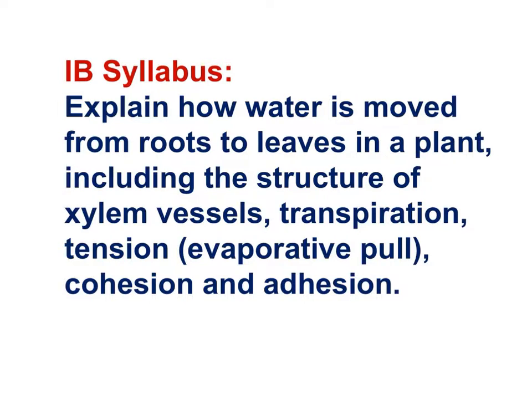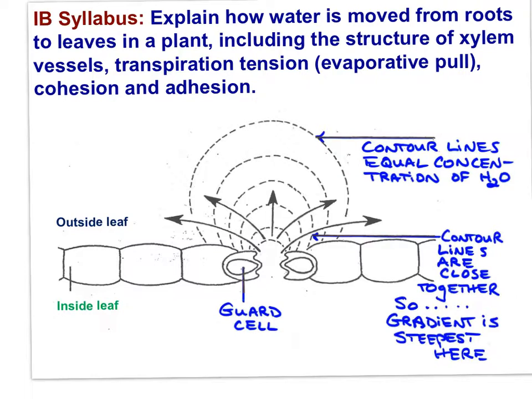So here's the IB syllabus statement, and at this point you should be able to handle this statement. Explain how water is moved from roots to leaves in a plant, including the structure of xylem vessels, transpiration, tension, cohesion, and adhesion. If you compare the water potential on the inside of a leaf to the outside of a leaf, the water potential is higher inside the leaf relative to the outside.